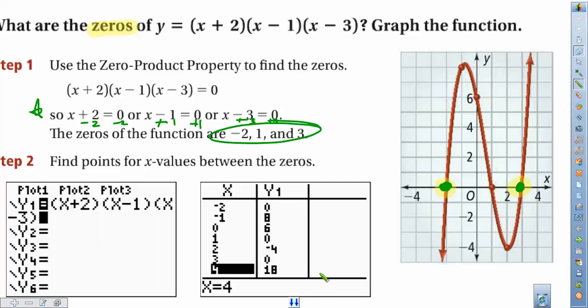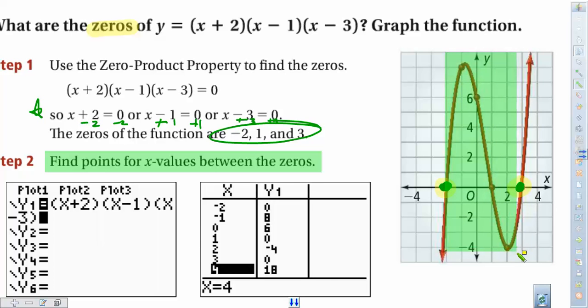Let me use more highlighting here. When we're talking about step 2, find all of the x values between the zeros, all I need you to do is give me all of the points that would exist in between that leftmost zero and that rightmost zero.